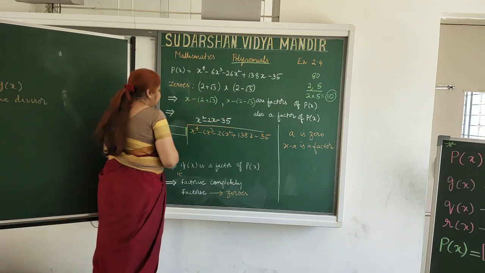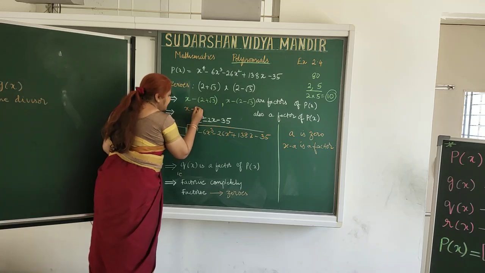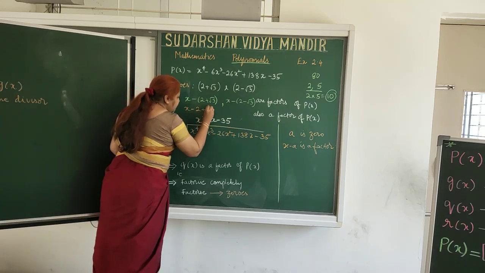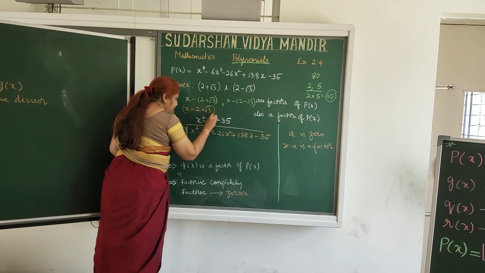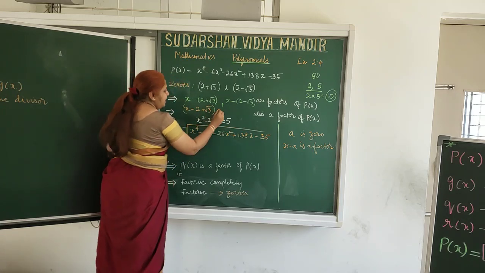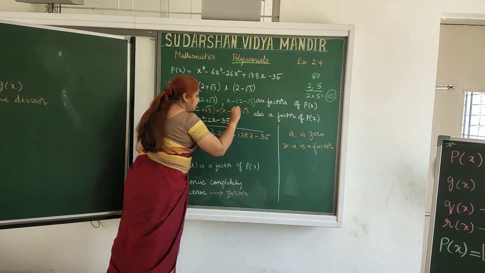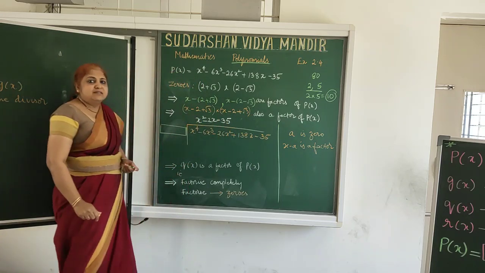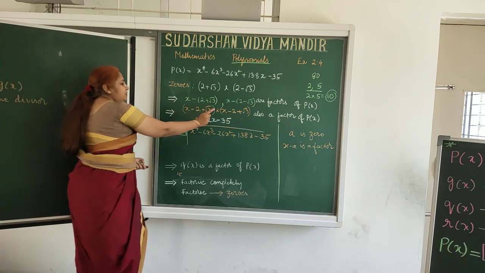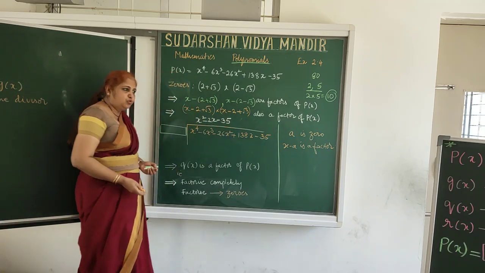So let me fill this up. x minus (2 plus root 3) into x minus (2 minus root 3). I am also simplifying as I am doing this. Removing the bracket here, I am going to get x minus 2 minus root 3 and x minus 2 plus root 3.